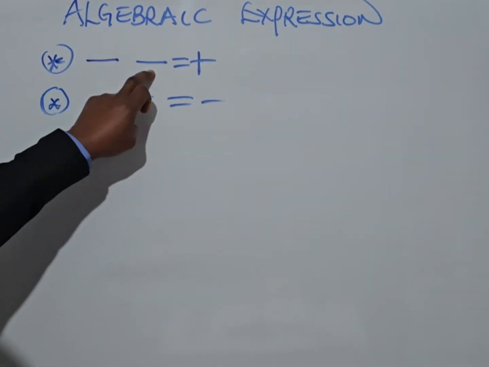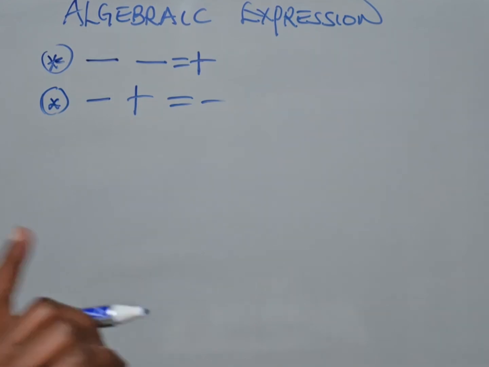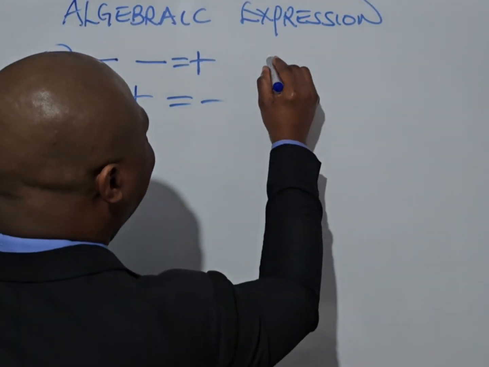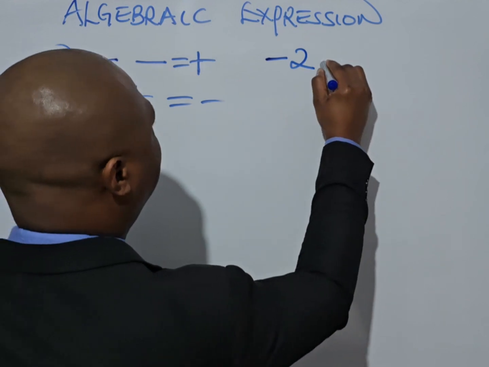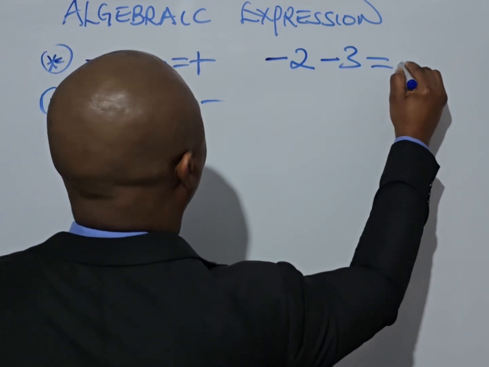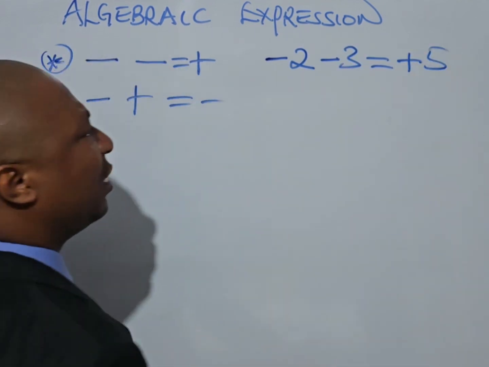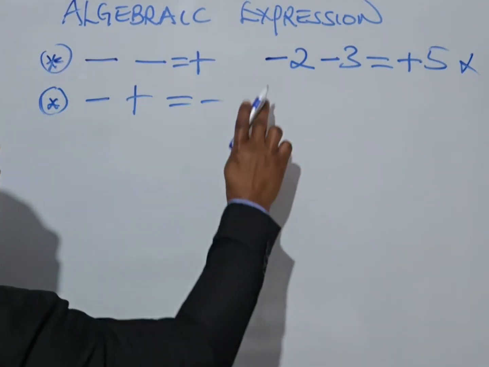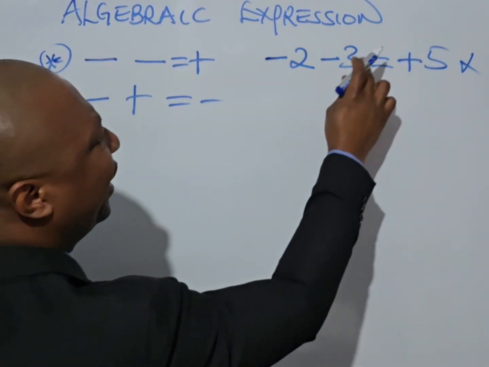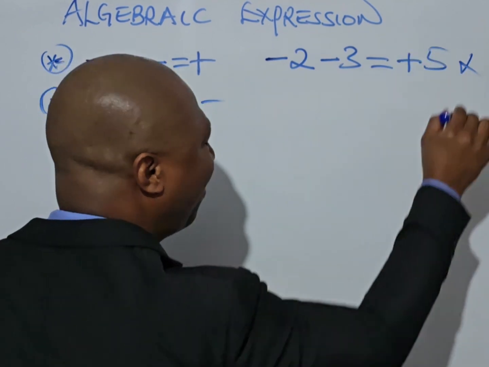If minus minus equals plus, does that mean that minus 2 minus 3 equals plus 5? The answer is no, this is wrong. Minus 2 minus 3 is not equal to plus 5.